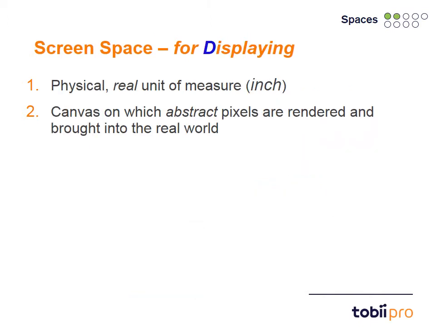The second D is screen space, and that is the space for displaying. And since it's a physical space, there is a real unit of measure. And generally it's an inch or a centimeter or something of that nature. And screen space can be thought of as the canvas upon which abstract pixels are rendered and brought into the real world.